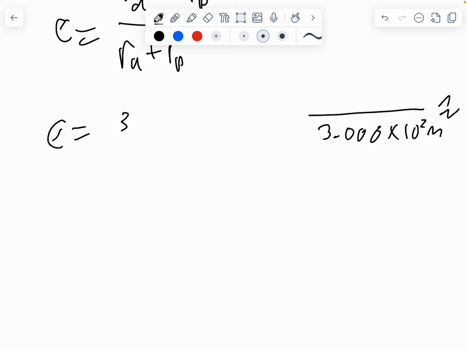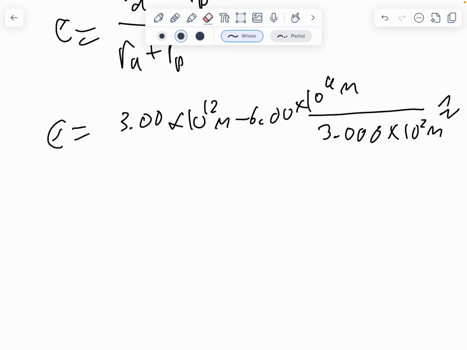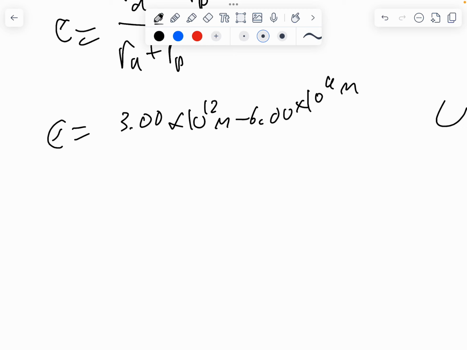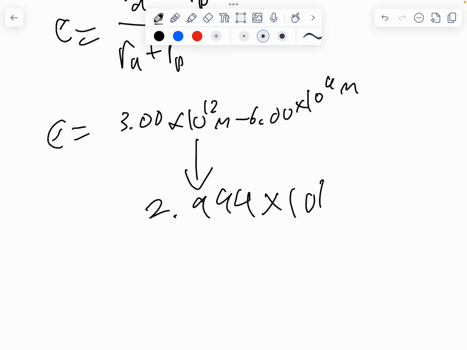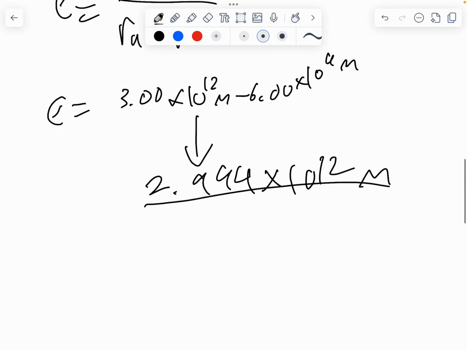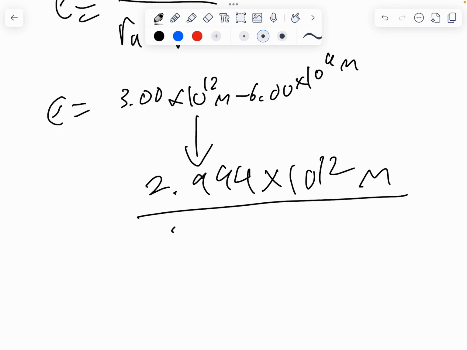So it'll be 3.00 times 10 to the 12 meters minus 6.00 times 10 to the 9th meters. We're going to do this. This would equal 2.994 times 10 to the 12 meters. And then we're going to put that all over 3.006 times 10 to the 12 meters.